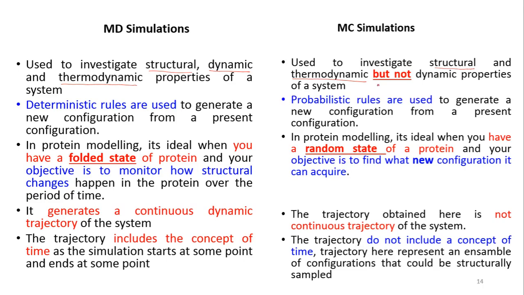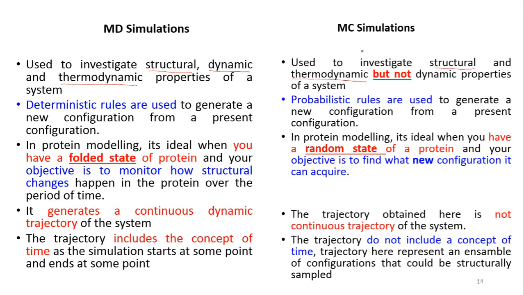Just hold on to that question. So if you want to monitor structural, dynamic as well as thermodynamic properties, then you should be conducting MD simulation. But if you are not interested in dynamic properties, and you are interested in structural and thermodynamic properties of the system, then you are supposed to use MC simulation.